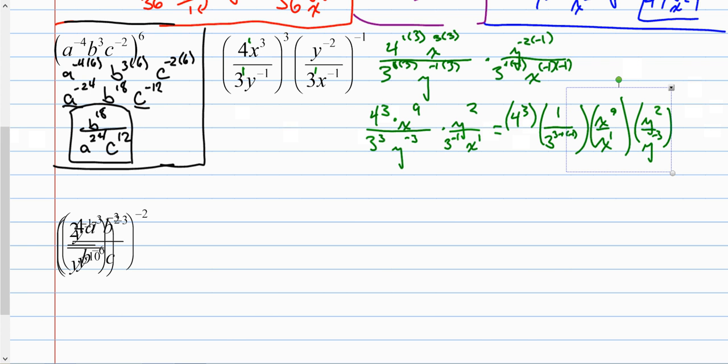One last step, and I believe that I should be able to have this simplified. So I wind up with a 4 to the third times a 1 over 3 to the 3 plus a negative 1 is 3 squared. And then I have an x to the 9 minus 1 and a y to the 2 minus negative 3.